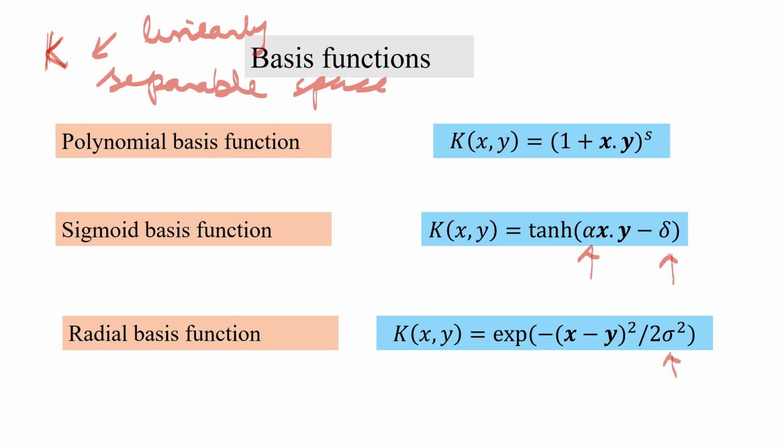So this was a little talk about the kernel functions and how they are useful in doing our computations in a low dimensional space, while at the same time finding a linearly separable space so that the SVM can be used to find the decision boundary.